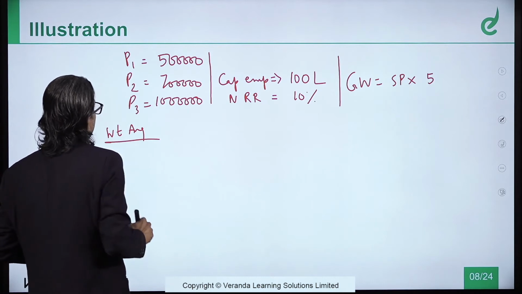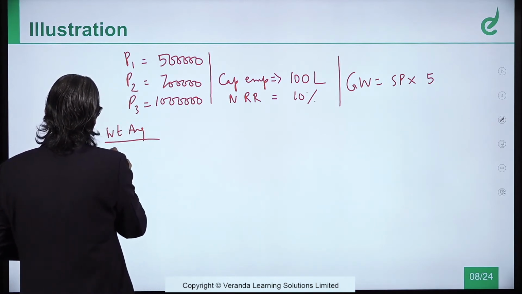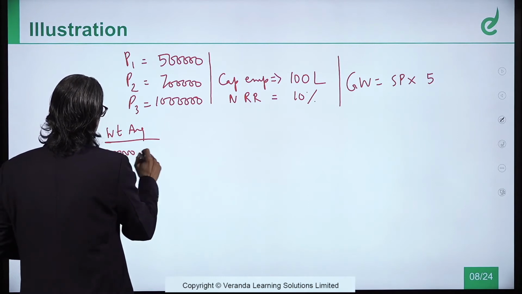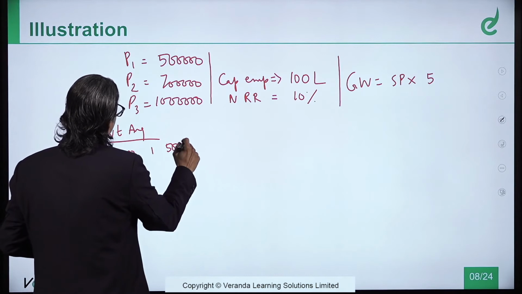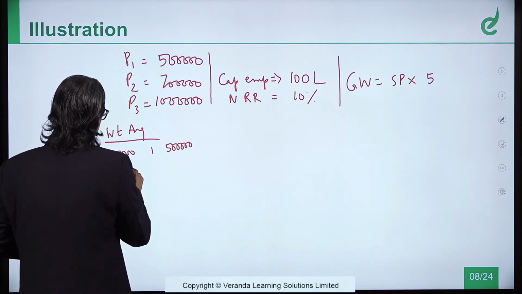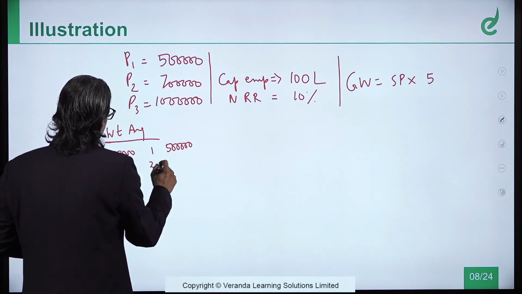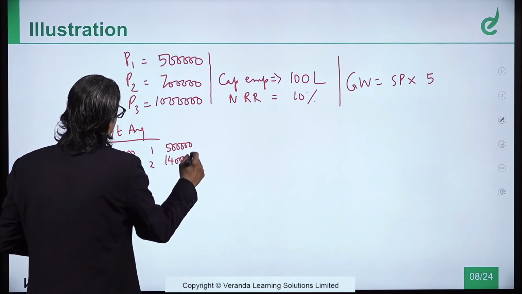How to find the weighted average? 5 lakh into 1, 5 lakh. So the weight is 1. Second year, 7 lakh into 2, 14 lakhs.